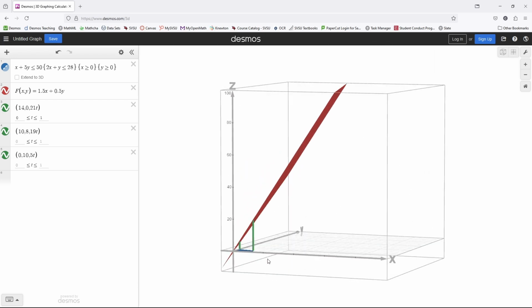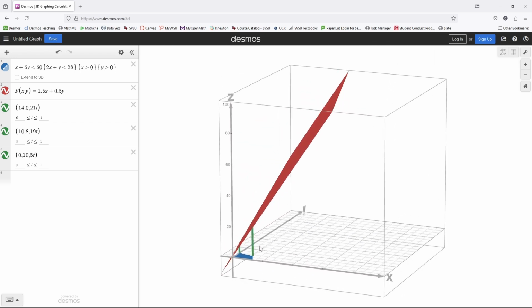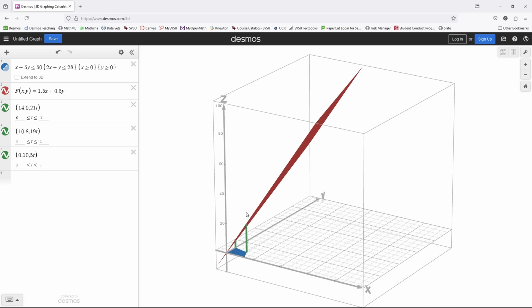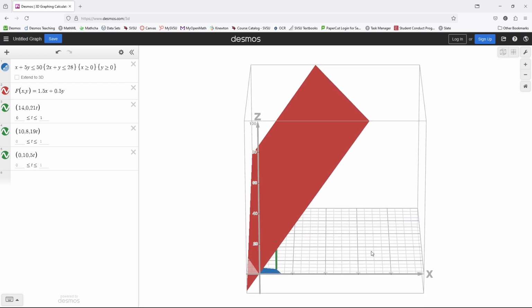It just keeps going off forever and ever. So look at our constraints down here. It just kept going forever. So if we don't have constraints, these actually will never have a maximum because it goes on forever.